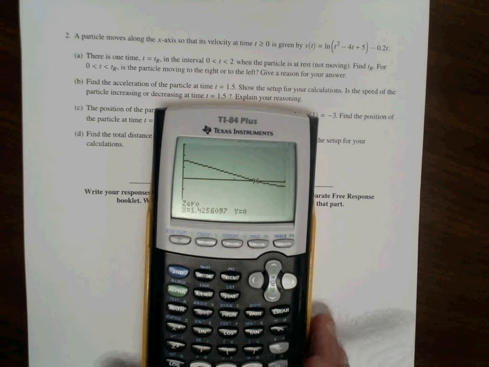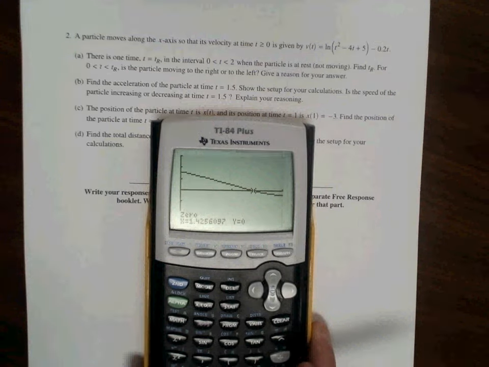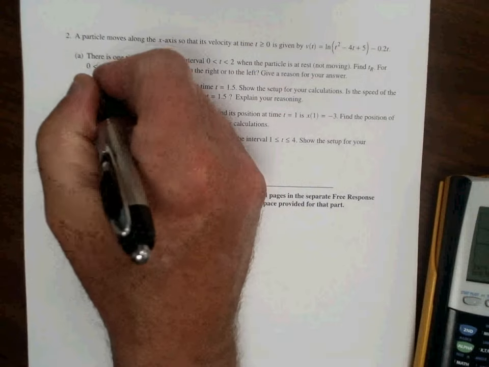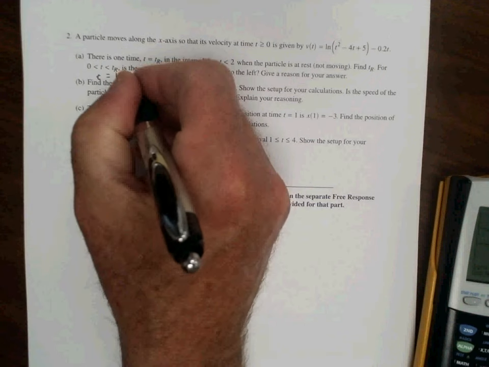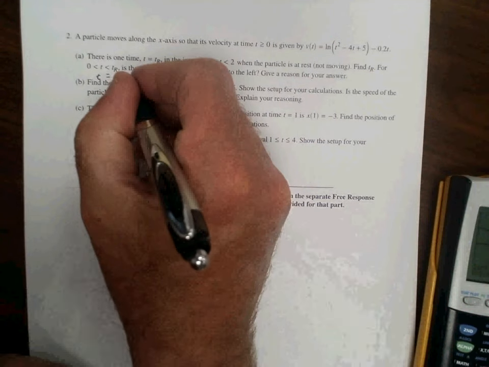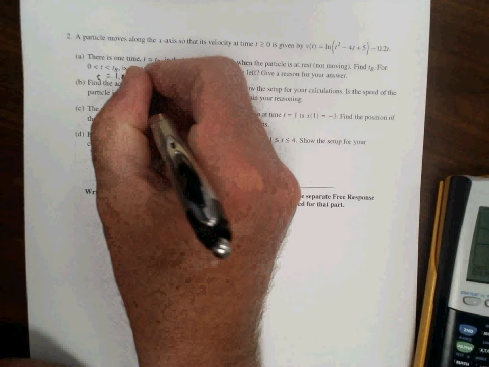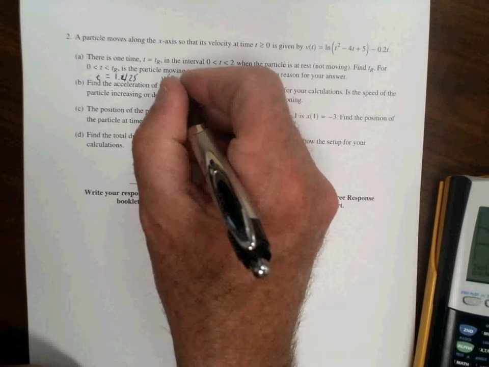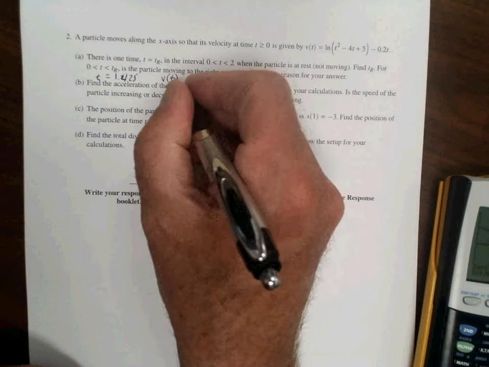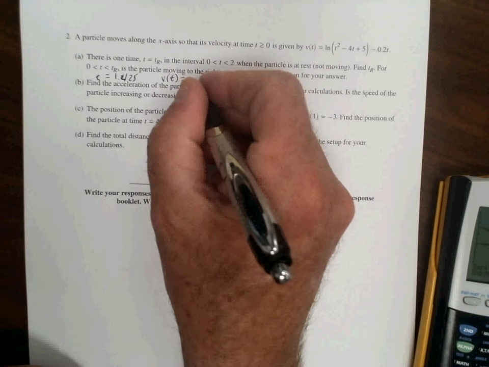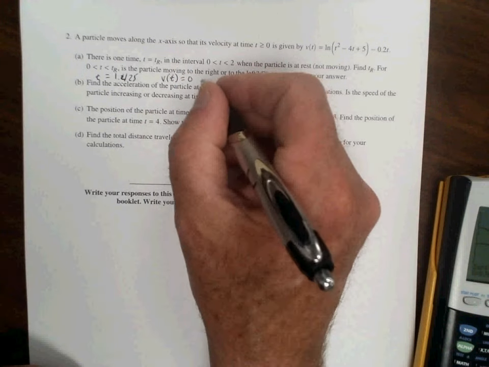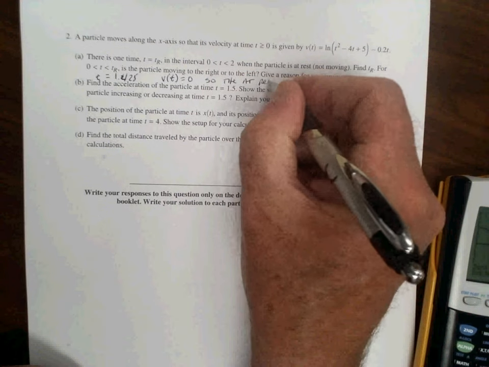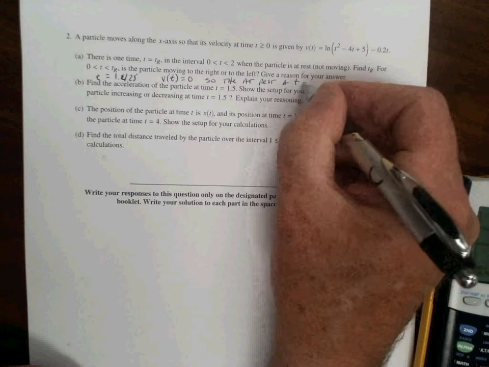So t equals 1.425 or 1.426, t equals 1.425. That means that v of t equals 0, so the particle's at rest at t equals 1.425 seconds.